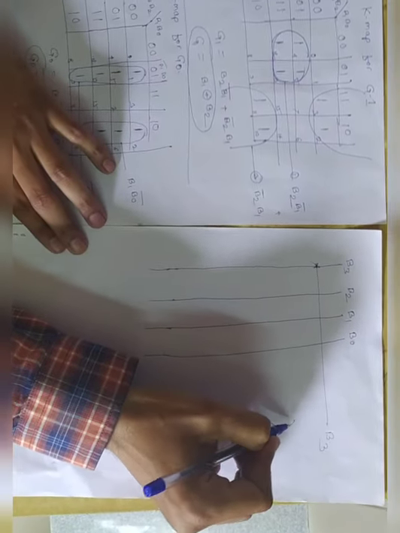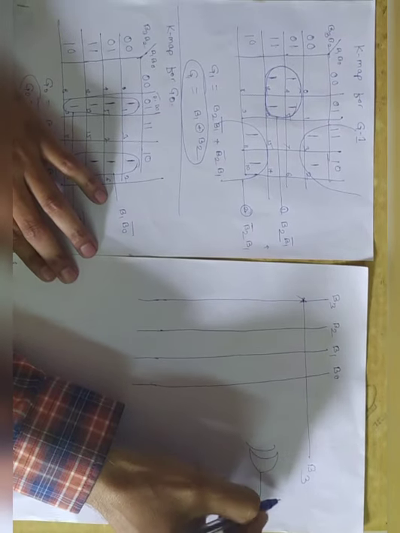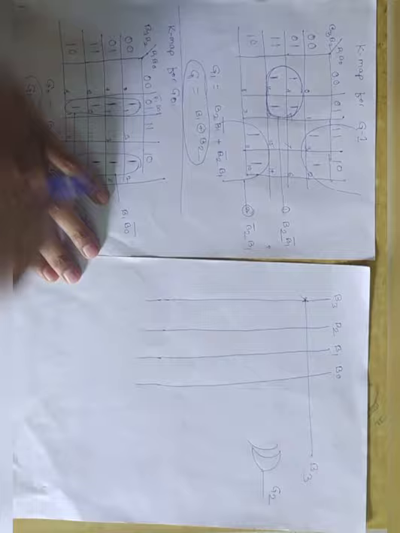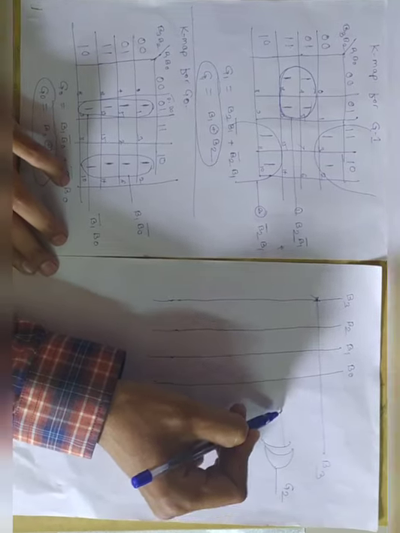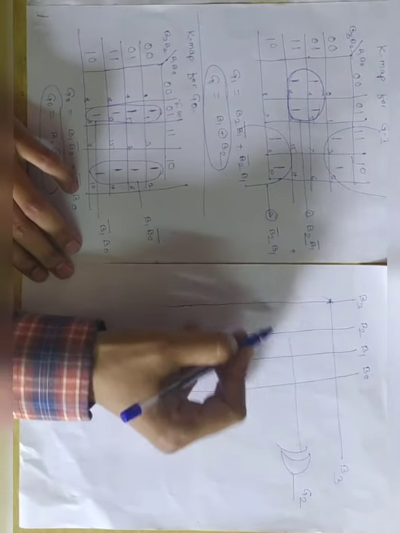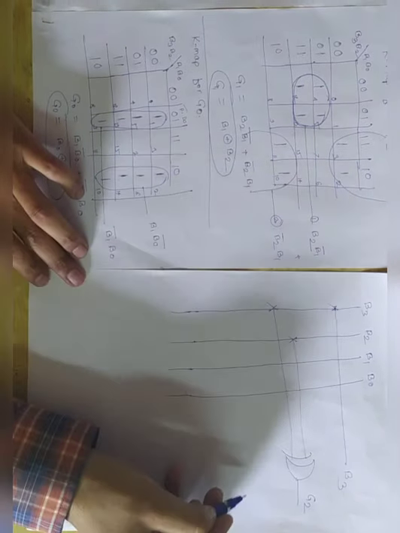So here this is my XOR gate for G2, and here you can see B2 XOR with B3. So I'm just taking the two inputs, B2 from here and B3 from here. Now these are my inputs.